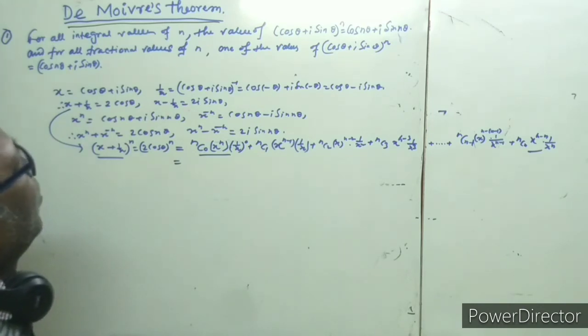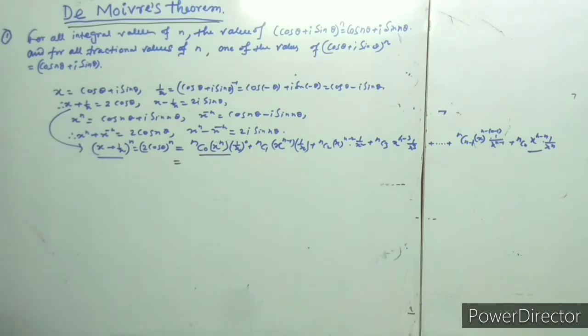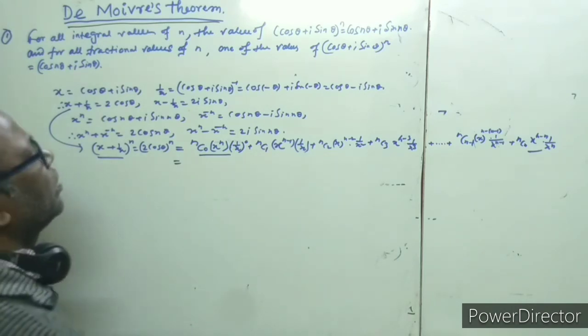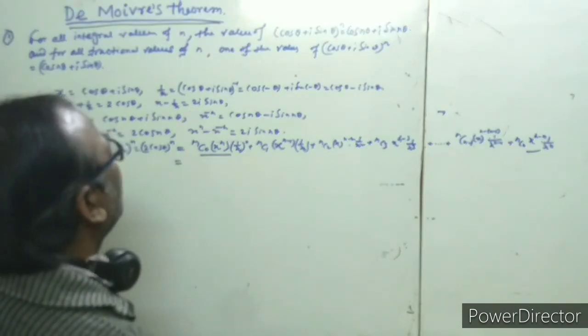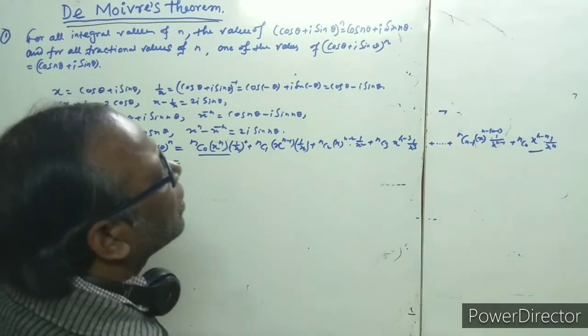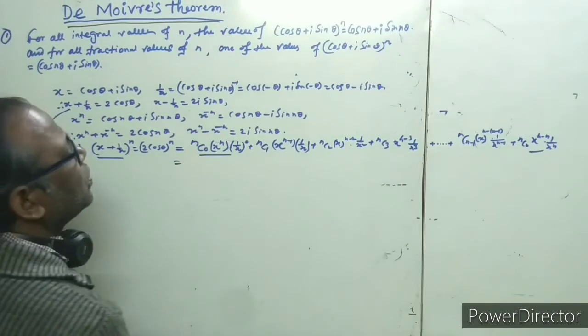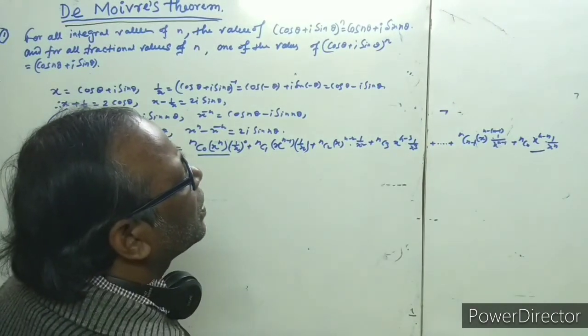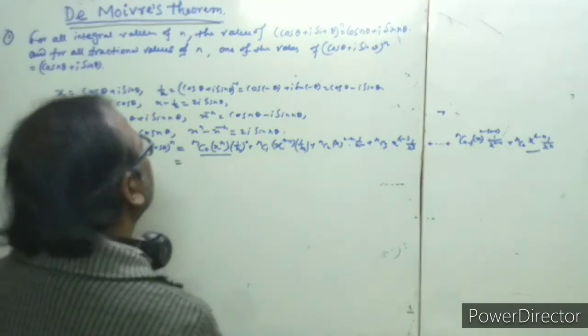We can easily write here, take a common nC0 and nCn. This is 1. So nC0 and nC1, these are the same as nC0 there.